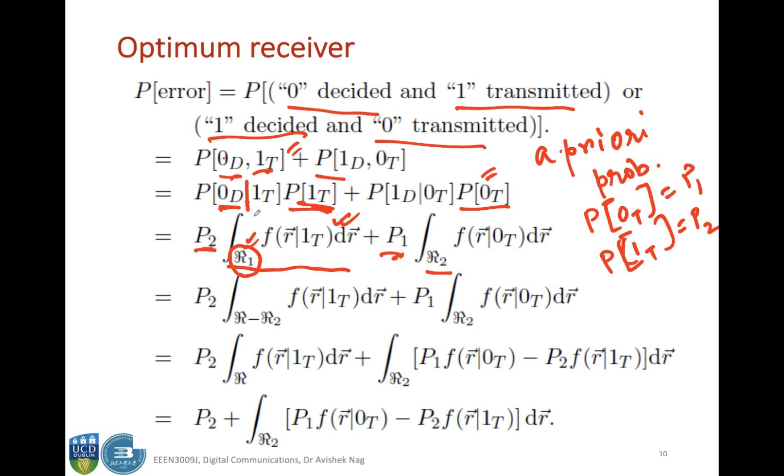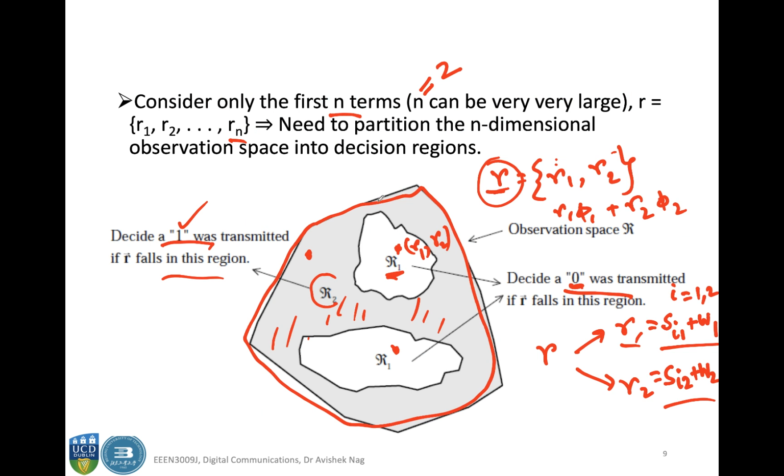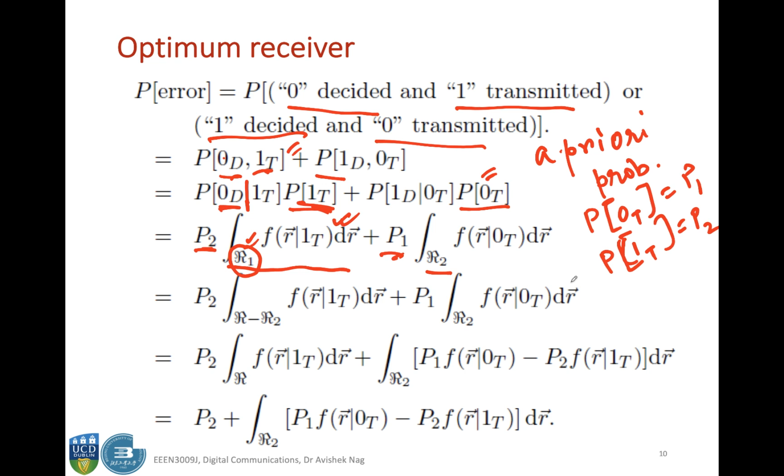That was the rule: if your received signal falls here, then you decide a 0. So probability of 0 decided means that you are observing all the points within the region capital R1, and you are integrating the conditional PDF of the received signal given a 1 was transmitted, based on your observations in region capital R1.